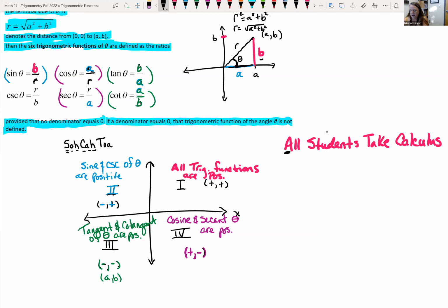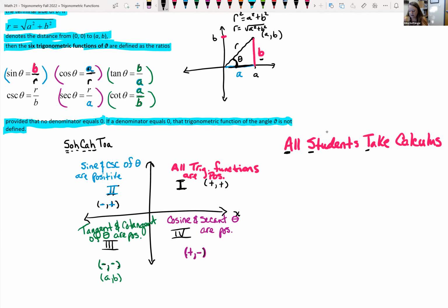So A stands for all trigonometric functions, and we're in quadrant 1. For positive, we always go counterclockwise. So the second quadrant is S, that stands for sine. Sine, or the reciprocal of sine, is positive in quadrant 2. T, take, stands for tangent, or the reciprocal of tangent, which is cotangent.